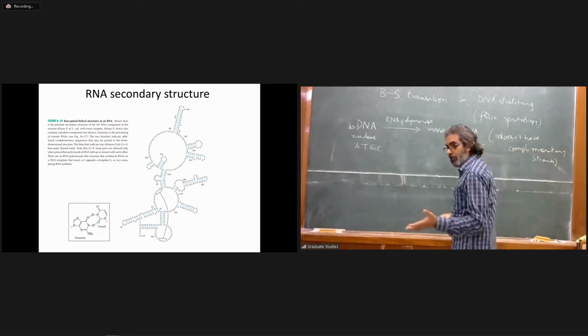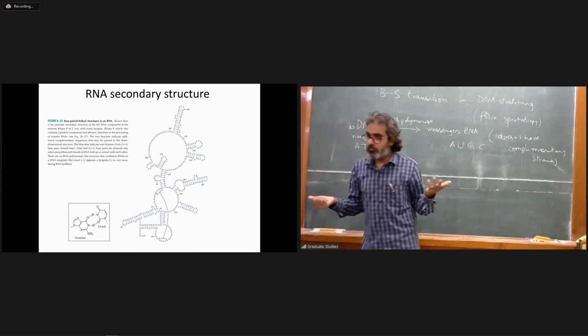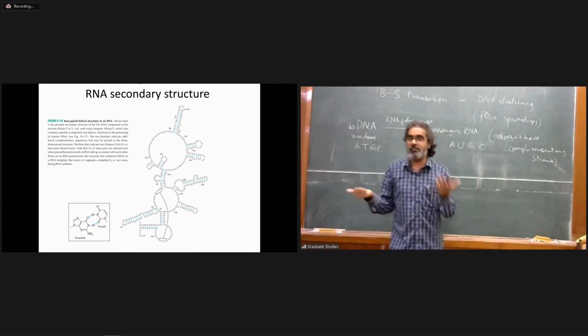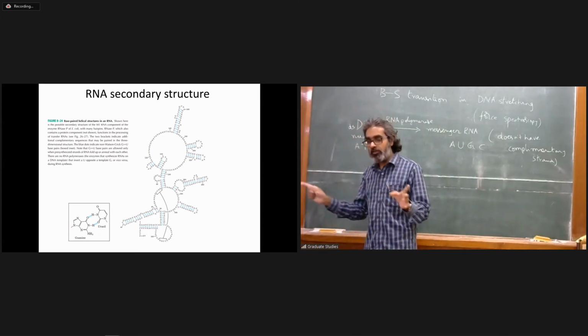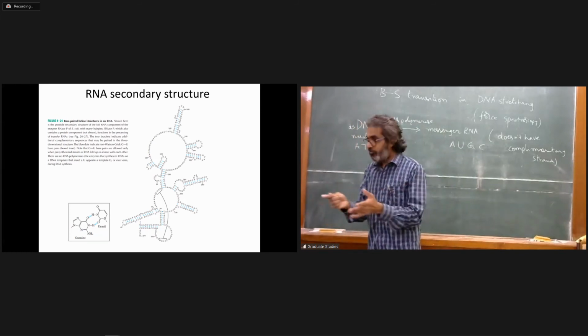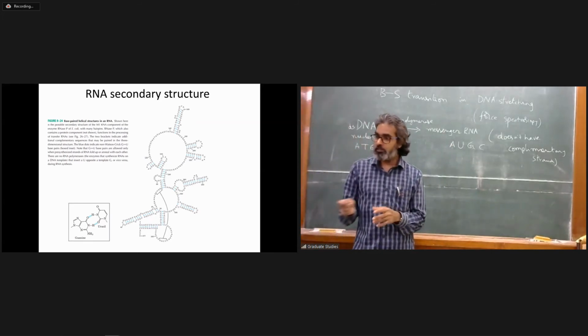Actually, you can think the same thing about DNA. If DNA doesn't have a complementary strand, it still has a structure, but we never bother about that because our natural DNA is double stranded. If you don't have a complementary strand, then of course G tetraplexes and A tetraplexes might arise.